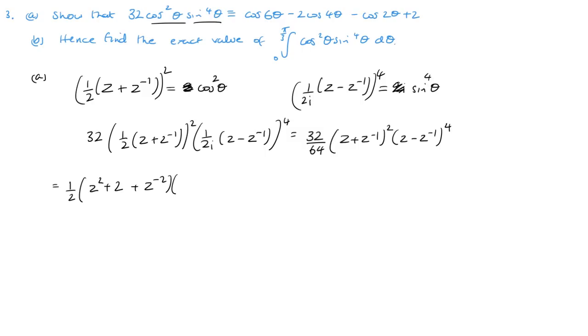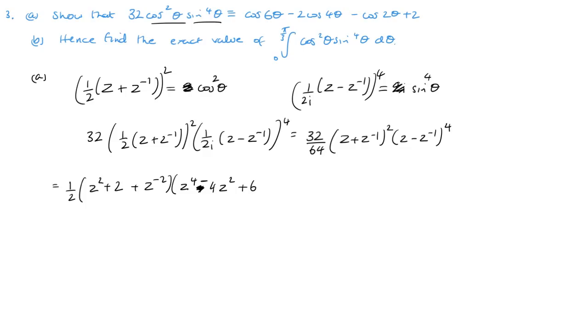And then expanding the bracket to the power 4, I've got z to the power 4 plus 4 z cubed times minus z to the minus 1, so that is going to be z squared, and it's a negative.